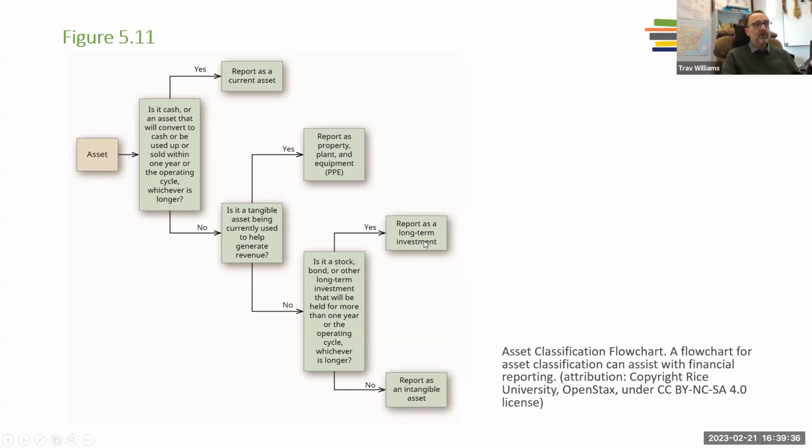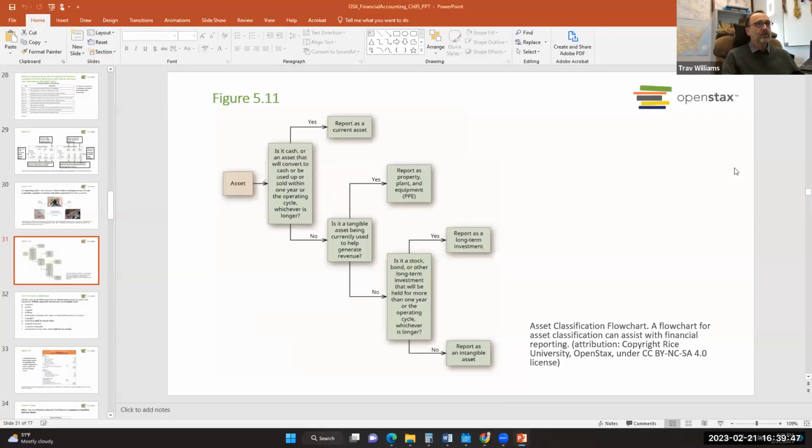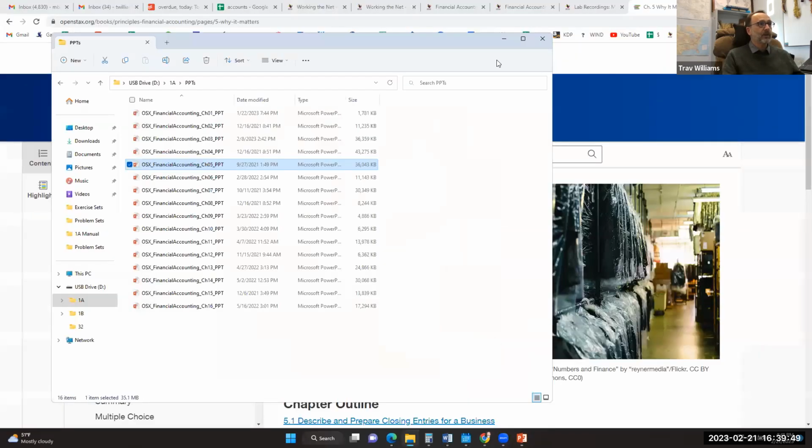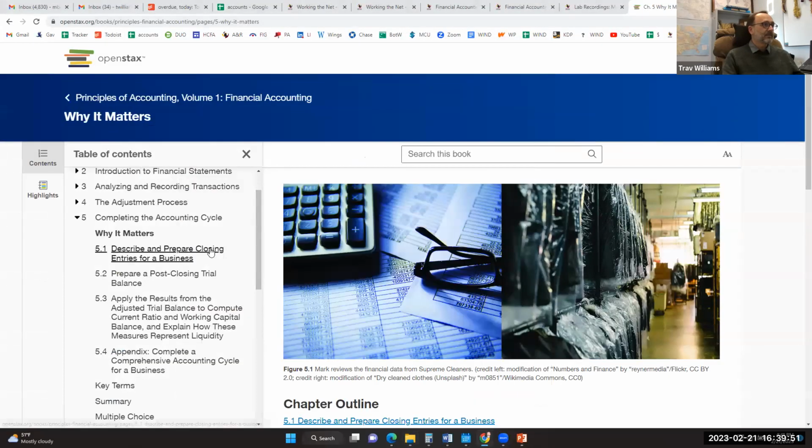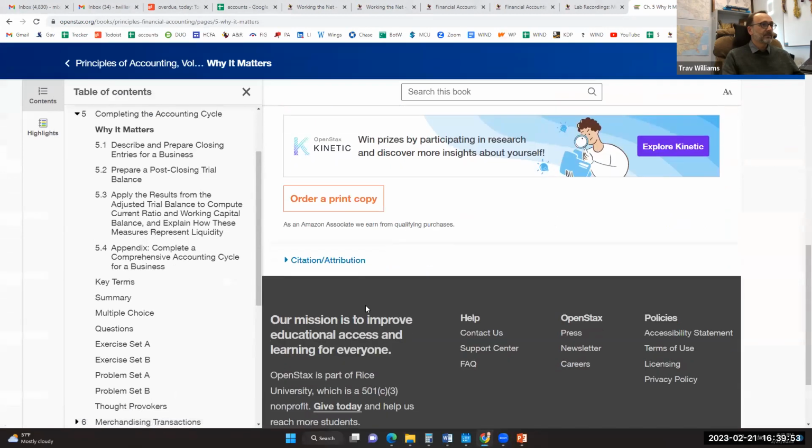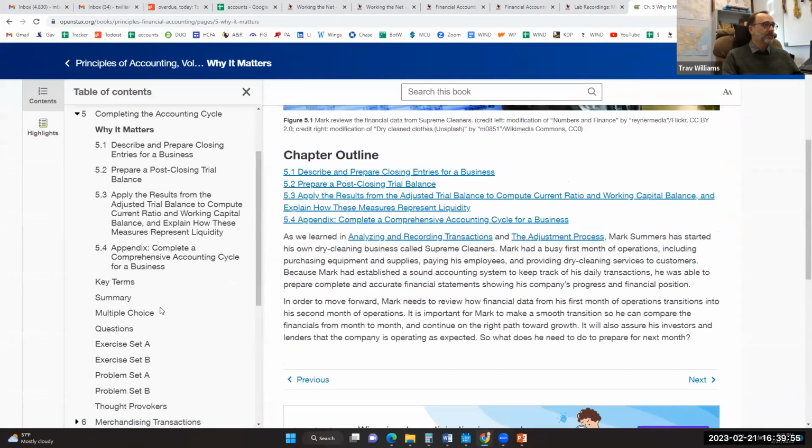If yes, it's a long-term investment. If no, it must be an intangible asset. Okay, so that might be a helpful flow chart. Again, it's in the textbook somewhere, Figure 5.11.